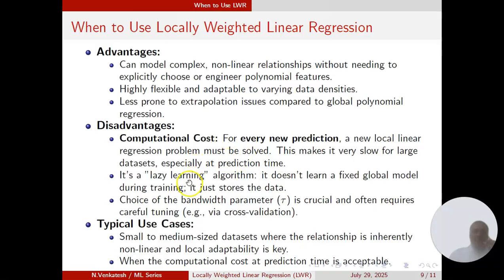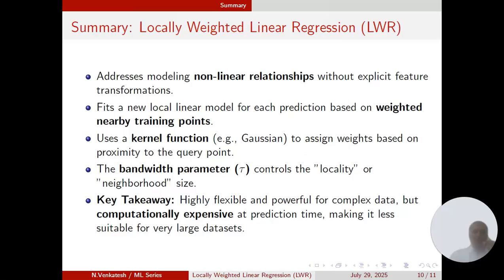It does not learn a fixed global model like linear regression. It just stores the data. And as we have seen already, the choice of the bandwidth parameter is important, and we will see how to tune the bandwidth parameter in the implementation part.